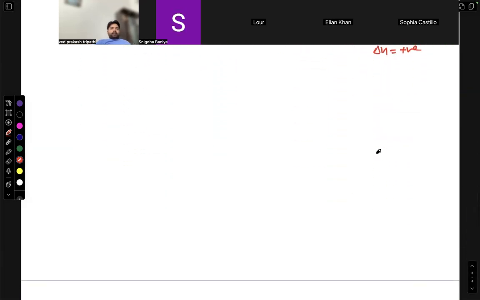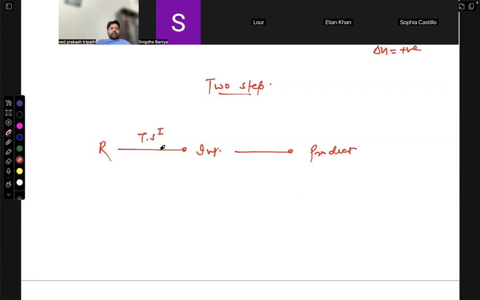Now multiple step. Let's talk about double step, meaning a two-step reaction. So the reactant first forms an intermediate, then the intermediate is going to form the product. So here we have the first transition state from reactant to intermediate, then intermediate to product would be transition state 2.